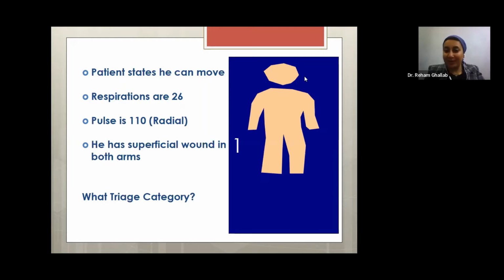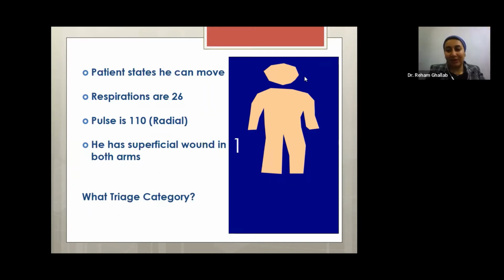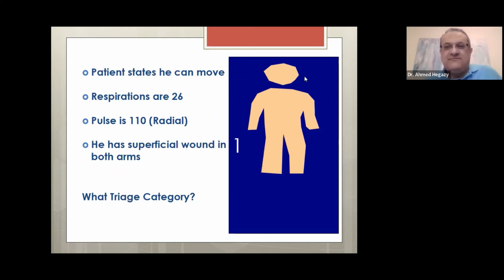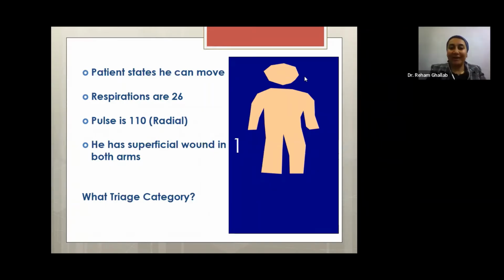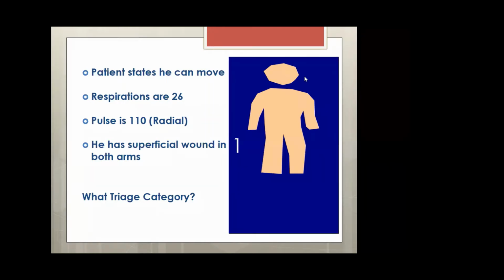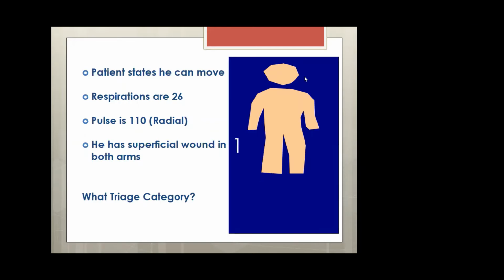Dr. Mona raised her hand. Okay, unmute, please, Dr. Mona. Welcome, Dr. Mona. This is a more simple case. I think this is priority 3, green.